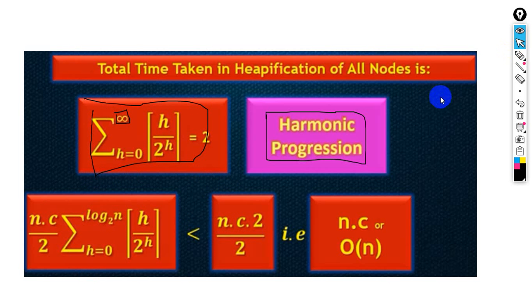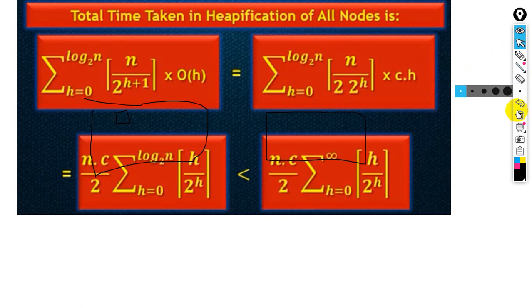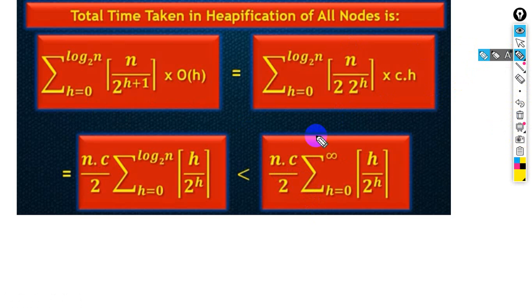In the last slide, it was written n·c divided by 2, and this whole is equal to 2.